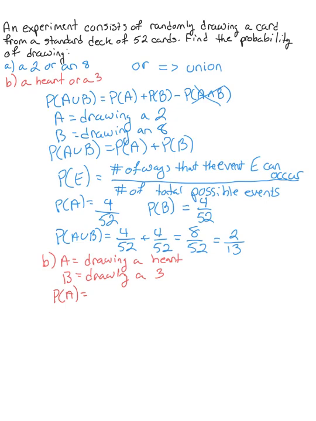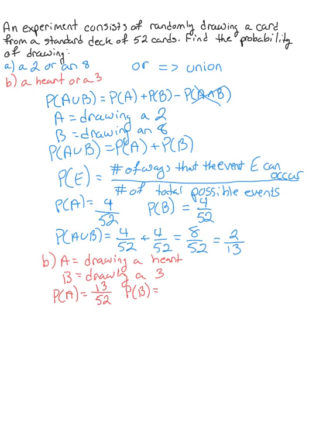There are 4 suits in a standard deck of 52 cards, and in each suit there are 13 cards, from ace, 2, 3, up to 10, and then jack, queen, king. So there are 13 ways of drawing a heart over 52 total cards in the deck. The probability of drawing a 3 is very similar to drawing a 2 or an 8.